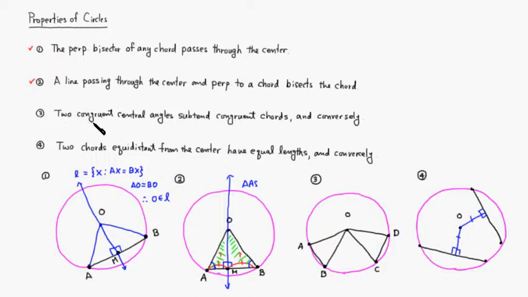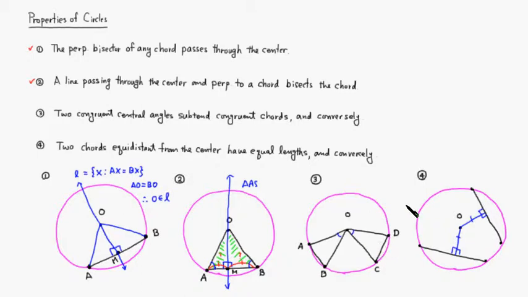Two congruent central angles subtend congruent chords, and conversely. So say this angle is congruent to that angle, then AB is congruent to CD.